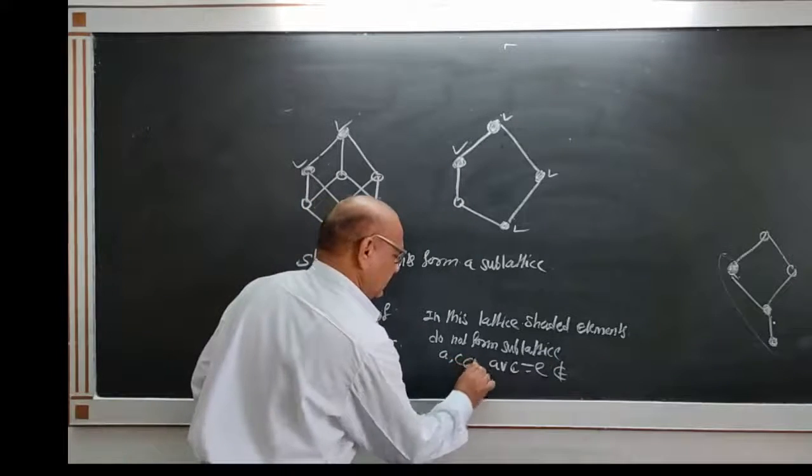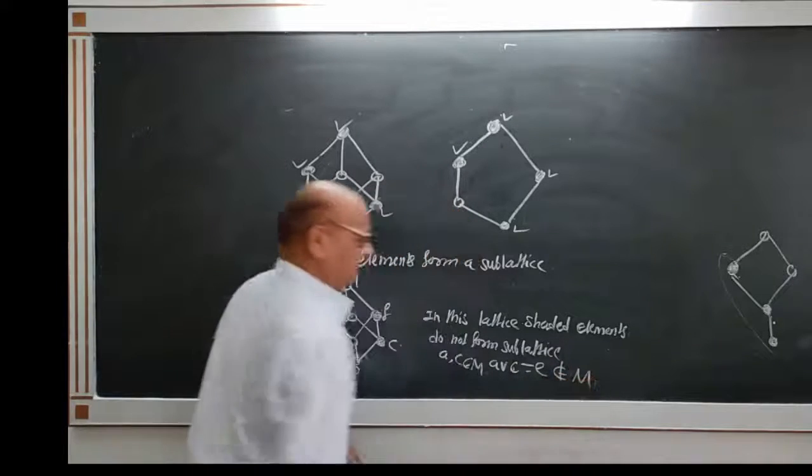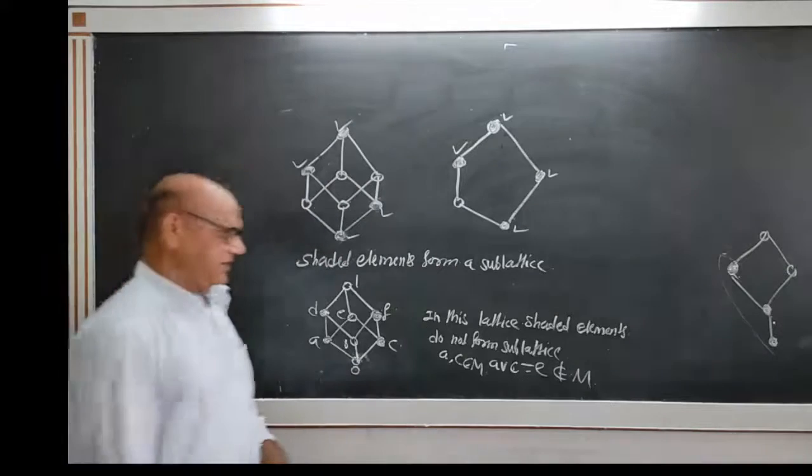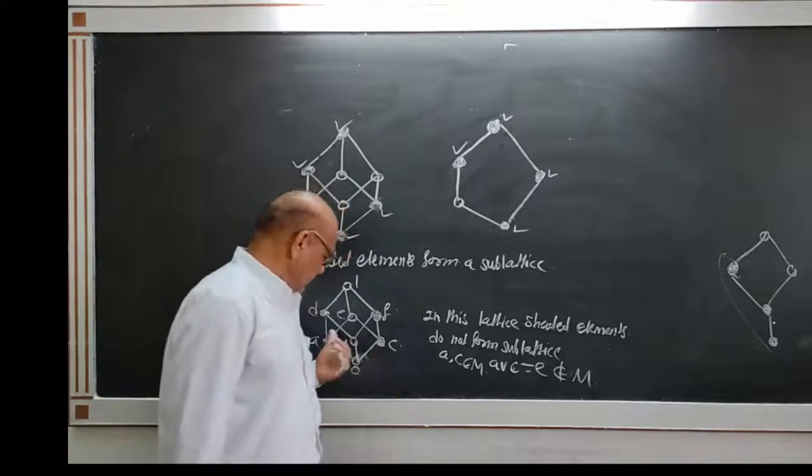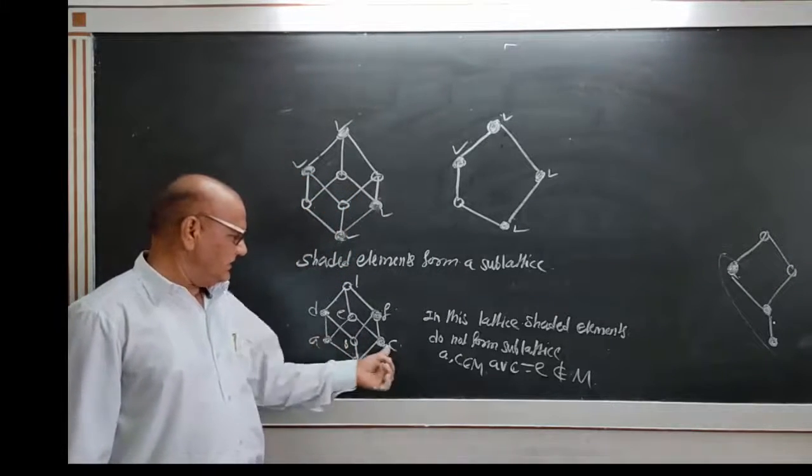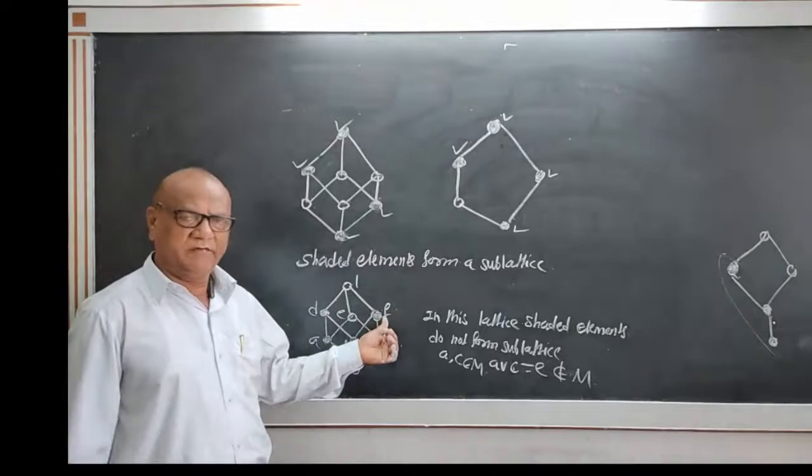If we take M here, E does not belong to M. Here M contains A, C, D, F only, 4 elements.